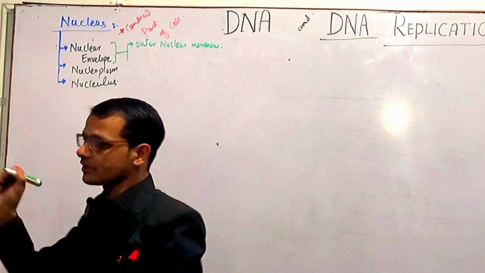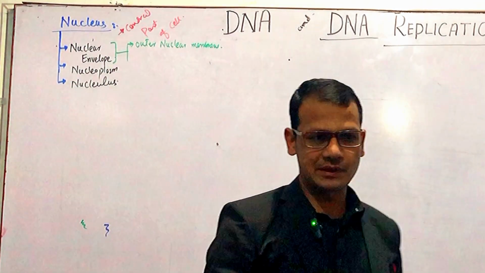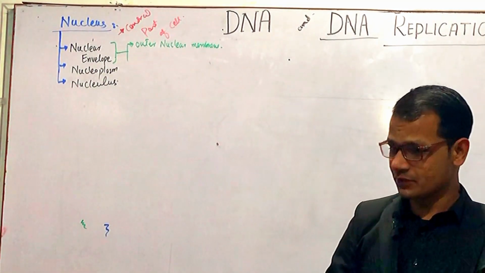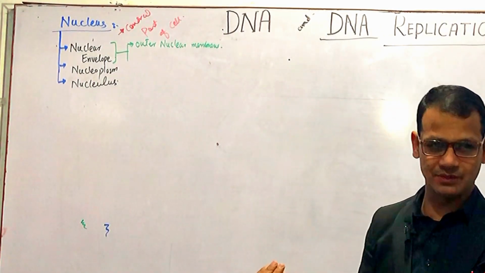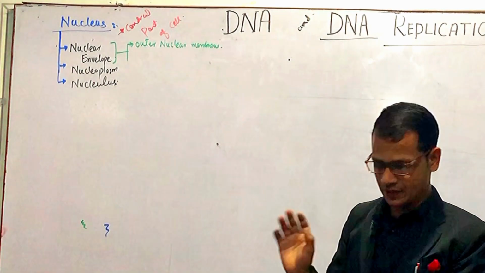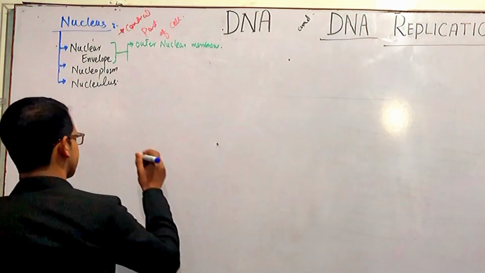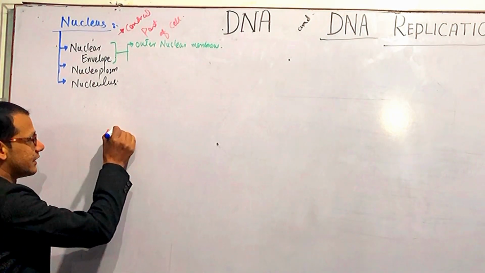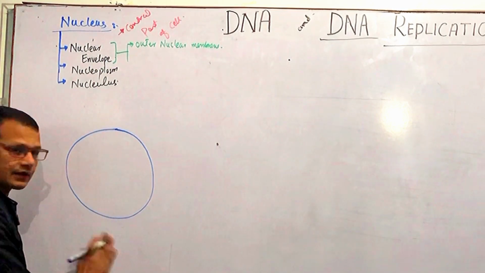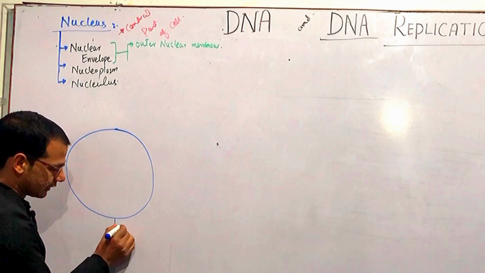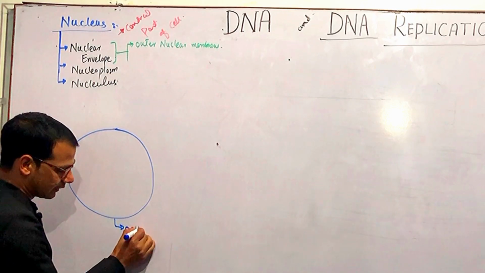What is the main characteristic of the outer nuclear membrane? Ribosomes are attached to the outer nuclear membrane, and ribosomes are responsible for protein synthesis. So, if we have a nucleus here, for example, this is the nucleus, and this is the outer nuclear membrane.